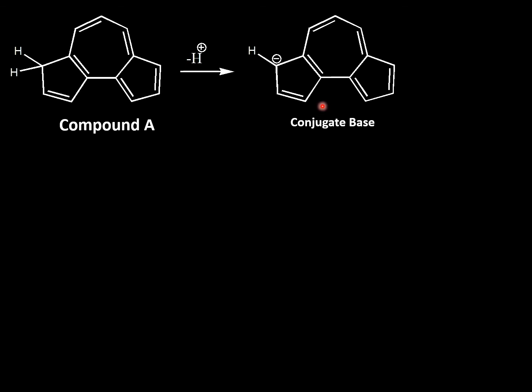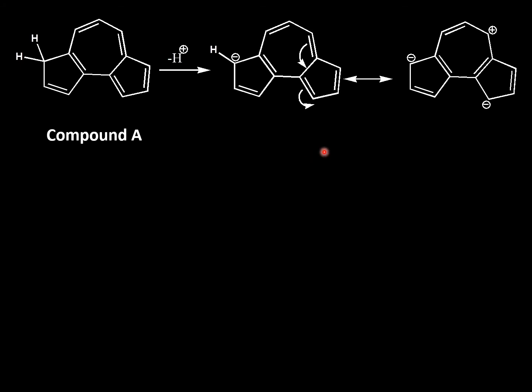A similar trick we will use to draw the different resonance structures of this conjugate base. We have also seen that azulene is a polar molecule due to the contribution of dipolar resonance structures.